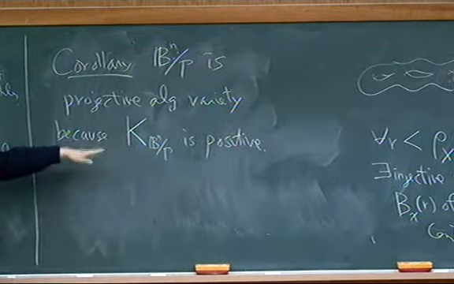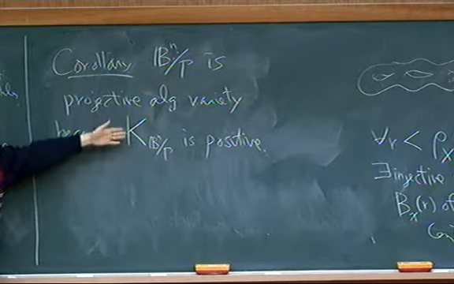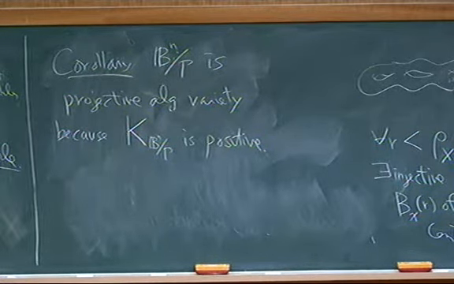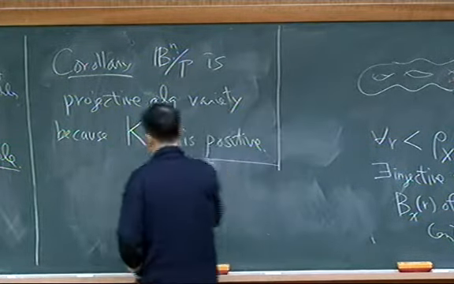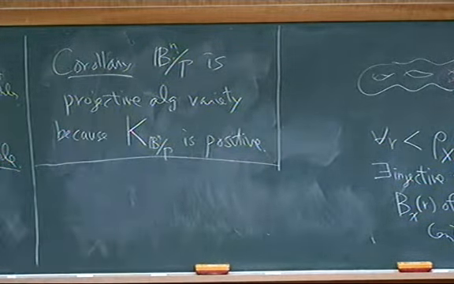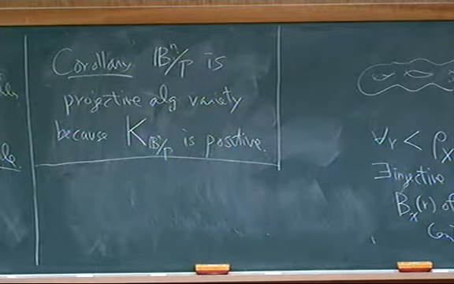So in particular, some power of the canonical bundle is very ample. So that's Kodaira's theorem. So this object, this complex hyperbolic manifold, turns out to be an algebraic geometric object. So it's an interesting object to study from an algebraic geometric point of view.